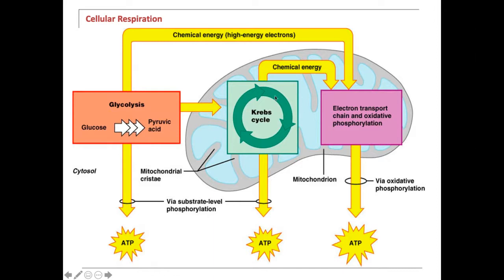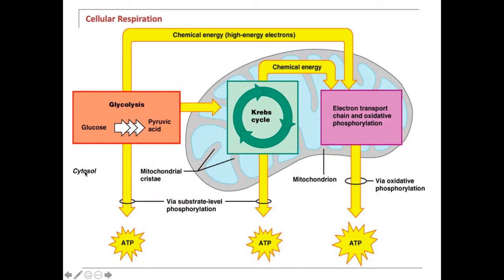So pyruvic acid enters the mitochondria, enters the Krebs cycle. You make some ATP there. The Krebs cycle gives off some coenzymes that enter the electron transport chain. The electron transport chain produces a whole lot of ATP, a whole lot of energy. There's some ATP that's made from glycolysis, some ATP that's made by the Krebs cycle, but most of the ATP is made by the electron transport chain.